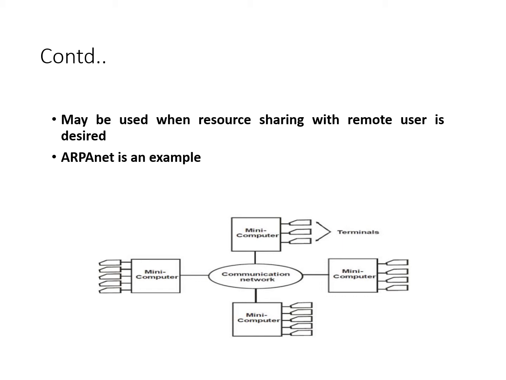If a particular user wants to access a resource which is not available in his or her own mini computer to which he has logged in, it is possible to access that resource if it is there in any of the remote mini computers. We are able to access it remotely.